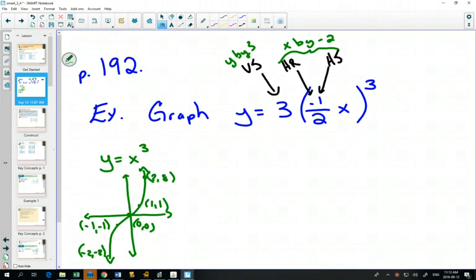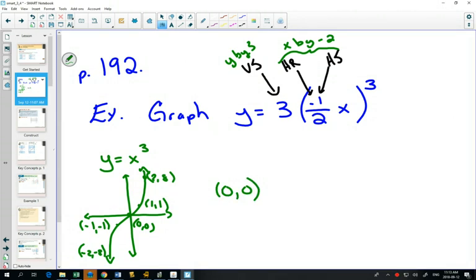Now that we've deciphered what's happening, we can take our parent graph, our original graph, 3 points from that graph, and figure out where those points are going to end up. One point you will always choose from an x cubed graph is 0, 0.